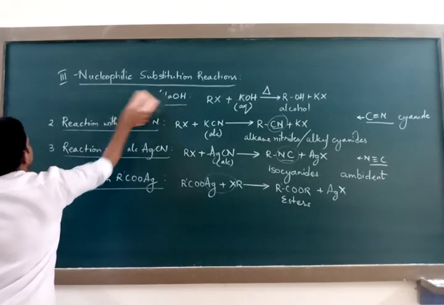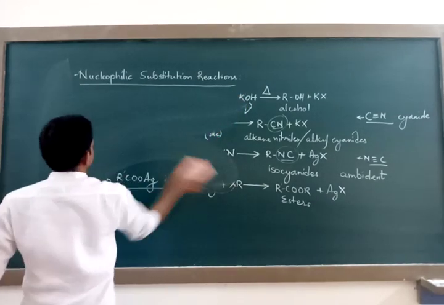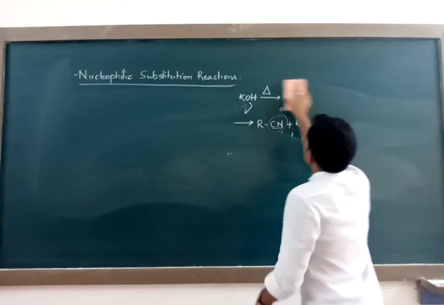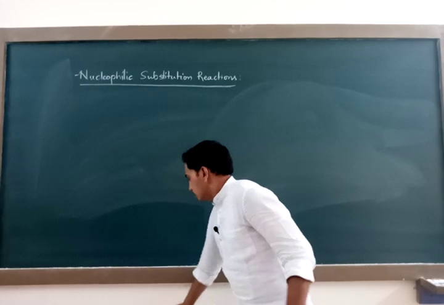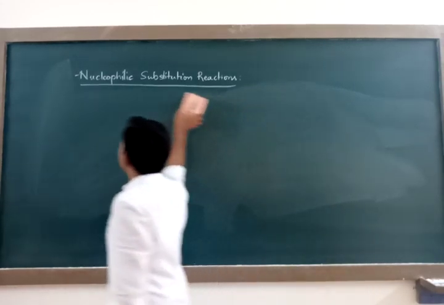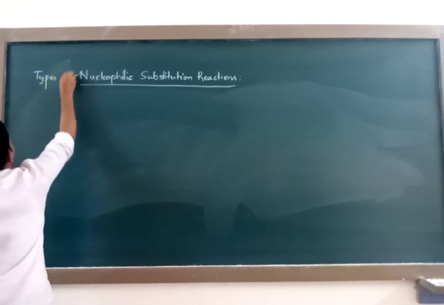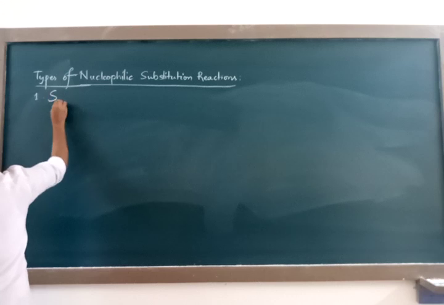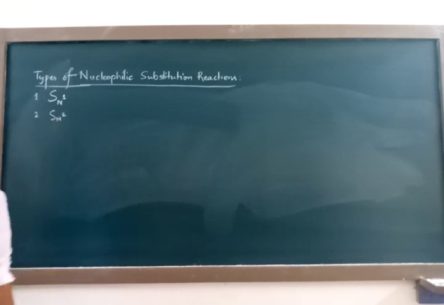Then the next topic is types of nucleophilic substitution reactions. There are two types of nucleophilic substitution reactions that you will study in this year. Only two types. The first type is SN1 and the second type is SN2.